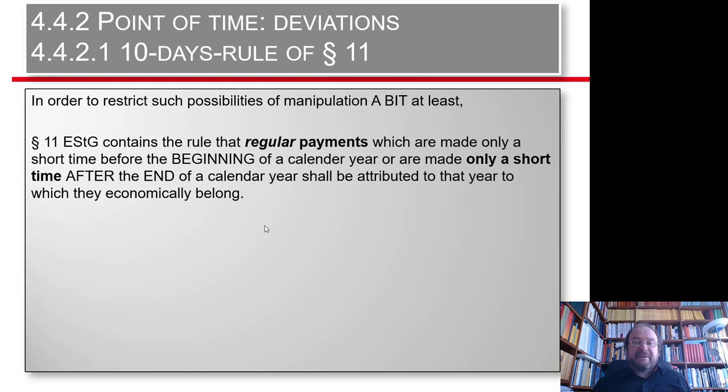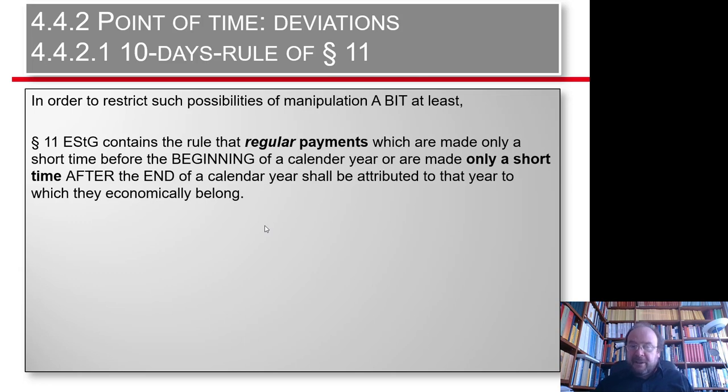And to restrict at least the possibilities to manipulate your tax base in that way, paragraph 11 contains that rule on regular payments which are made only a short time before or after the end of a year.